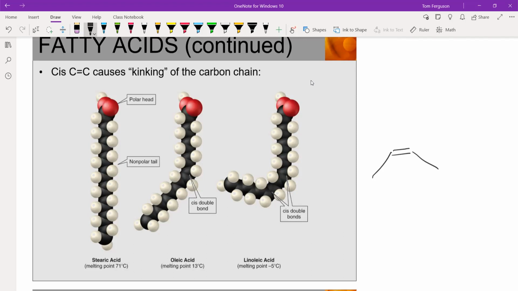So this has two cis's, this has one cis, this has 0. Whenever you see membranes in a biological body, they usually don't have them kinked like this. Usually they're straight.